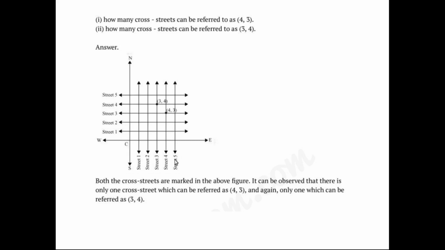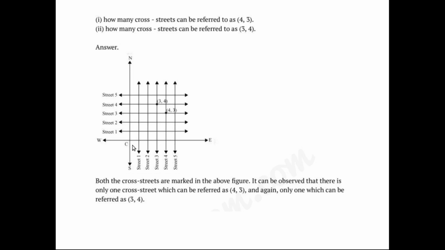In your area you might have heard about the first cross, second cross. Similarly, these are the 5 different streets. And what is the question here? How many cross streets can be referred to as 4,3? What is a cross street? These points, wherever the streets intersect, are called cross streets.